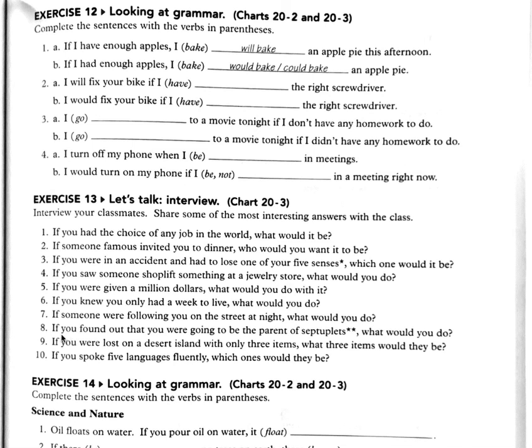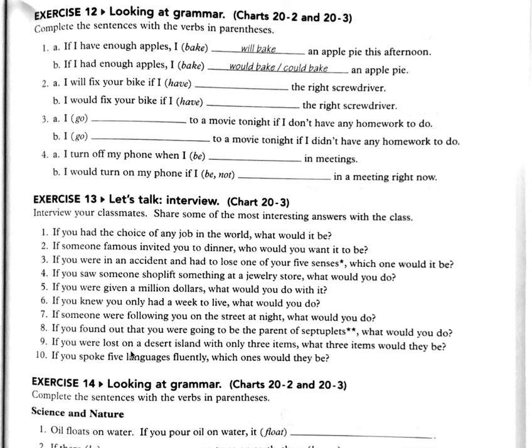Number 8. If you found out that you were going to be the parent of septuplets, meaning 7 babies born at one time, what would you do? If I found out that I was going to be the parent of septuplets, I would work 3 jobs. Number 9.